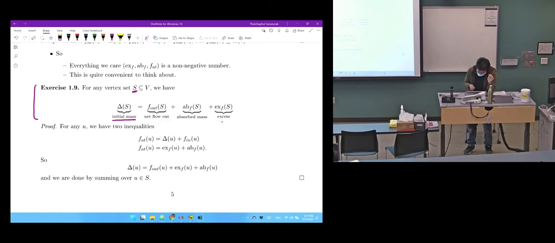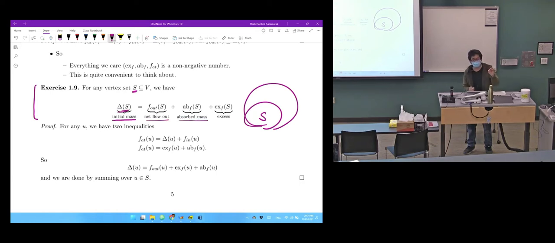Here is the source S, and you have some initial mass at S. This mass can either go out of the set, or is absorbed inside S, or it is not absorbed yet and it doesn't go out too, so it is an excess at S. Right?